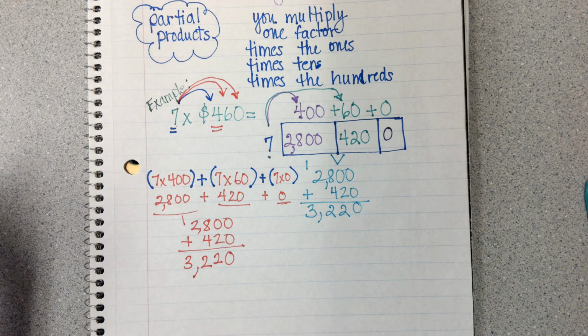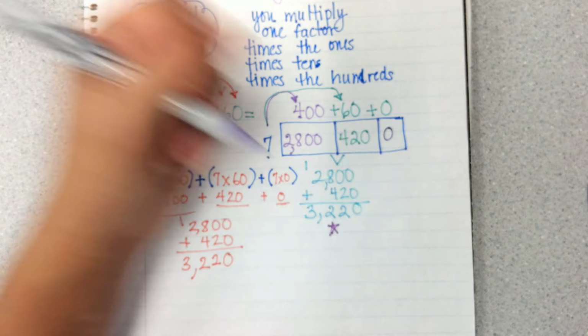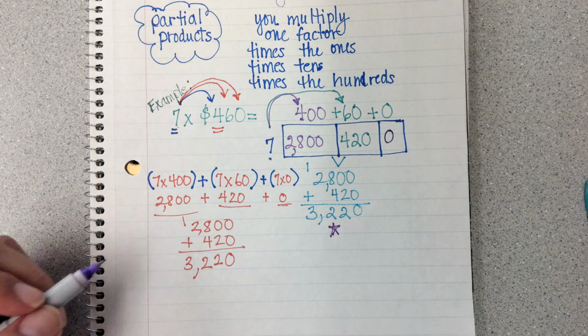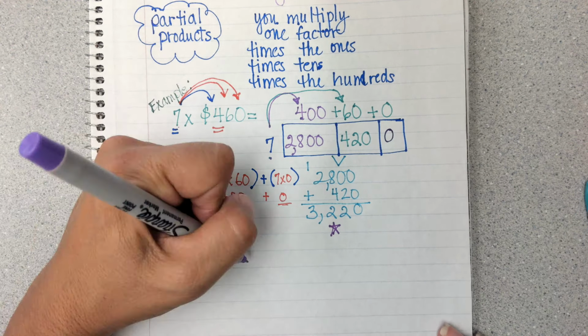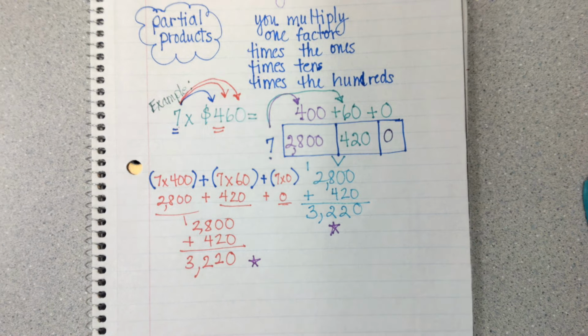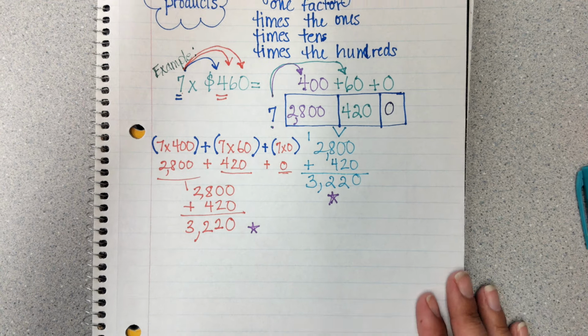I got the same answer. So using an area model 3,220 and using the distributive property with the parentheses, I got 3,220. It is correct. Basically, we're doing something we already learned, but with bigger numbers.